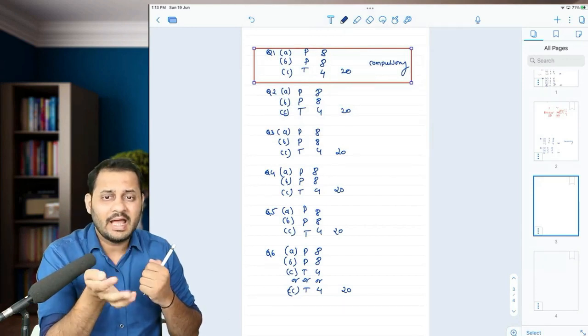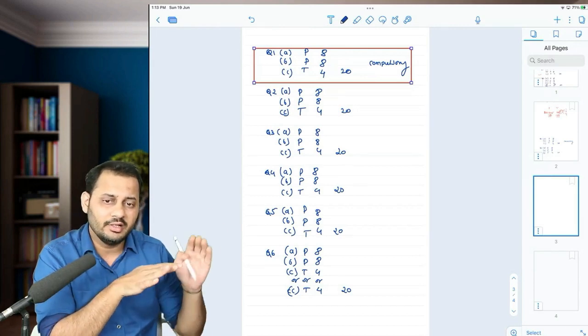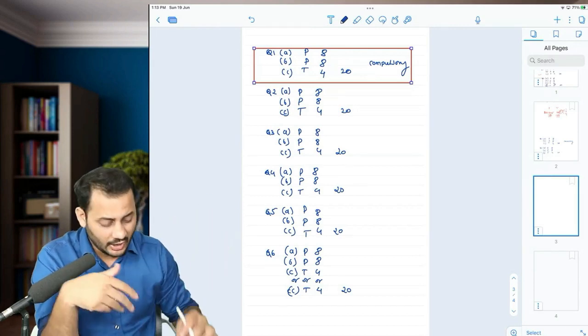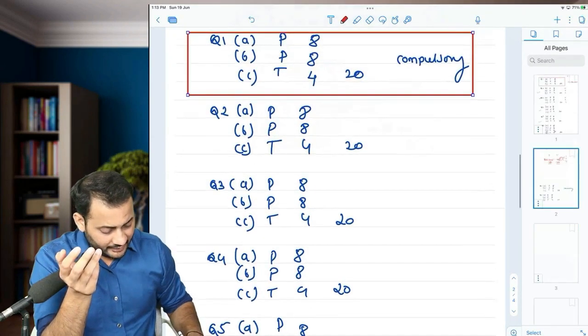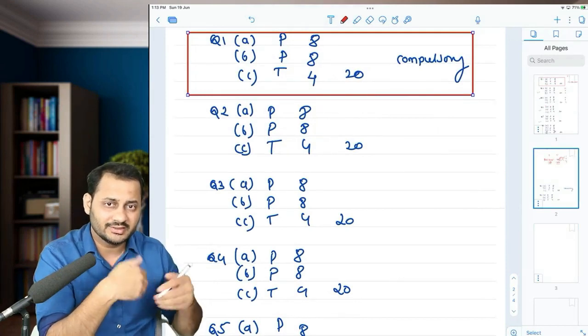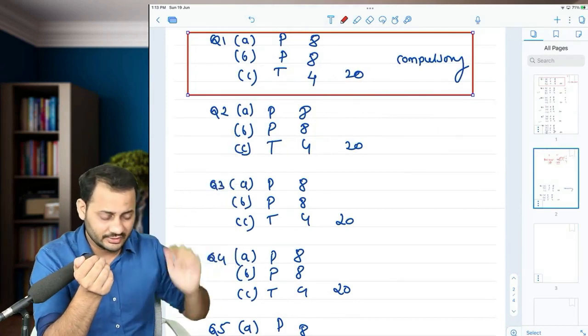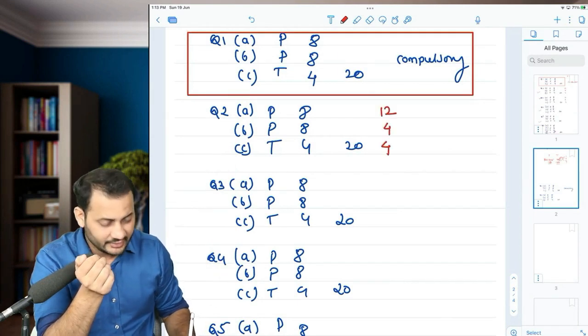What might happen in your paper can be slightly different from this pattern, and I will tell you how it may go. It may happen that any of the questions can be asked in such a manner. Let's take for example question number 2A asked for 12 marks, B asked for 4 marks, and C again for 4 marks.